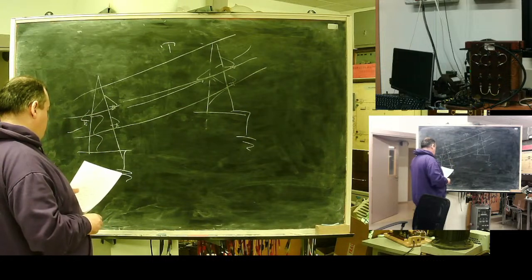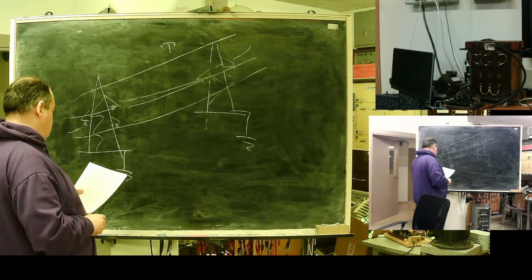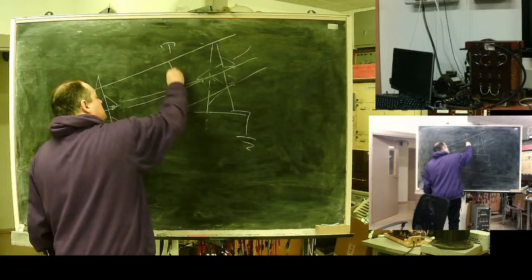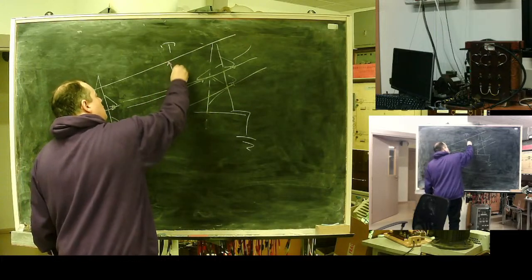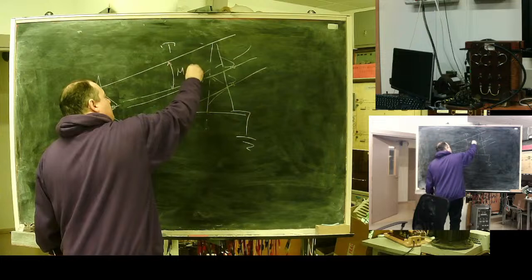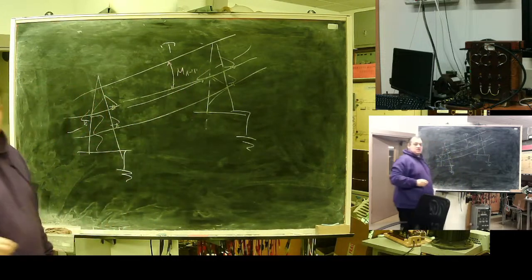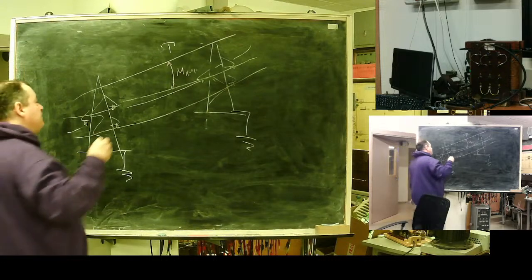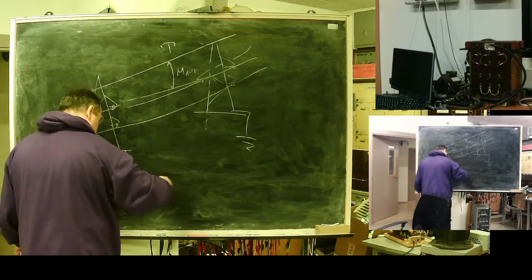What do we have here? Okay, correct. Wait. It's a mutual inductance, magnetic coupling between phase A and the protected cable.